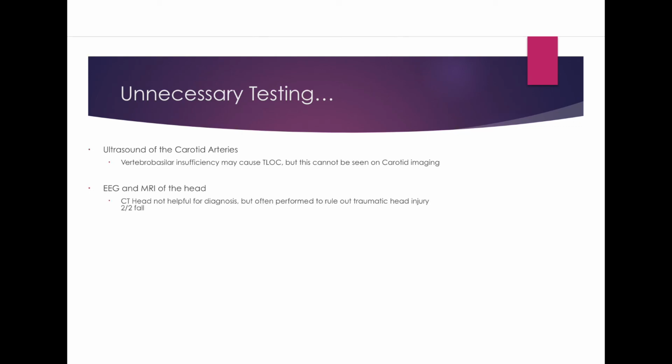A CT head won't help you to diagnose syncope, but might be useful in patients who did present with loss of consciousness and may have had head trauma. Serial troponin levels to look for signs of cardiac ischemia are not often useful. They should be ordered in patients who you have alternative reasons to suspect ischemia, but not for patients presenting purely with syncope, as syncope is not really a common initial presenting symptom of an MI.